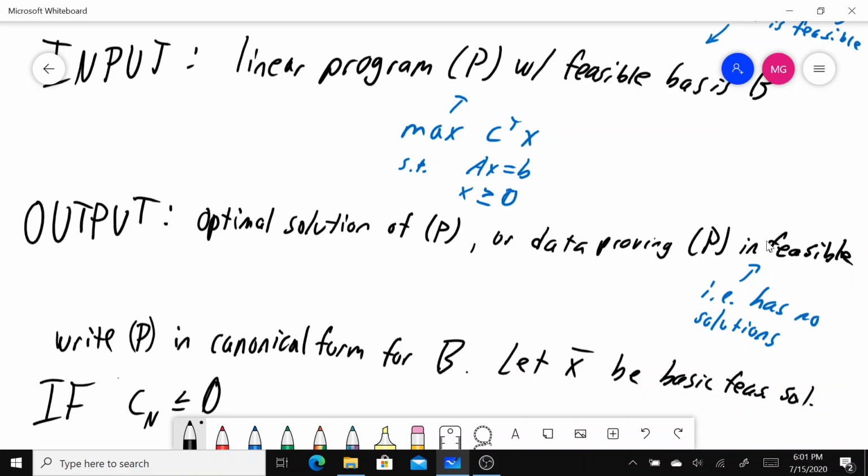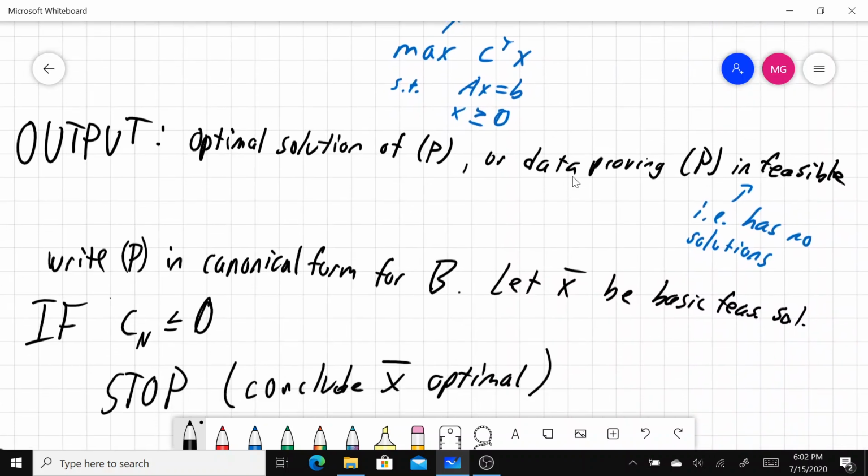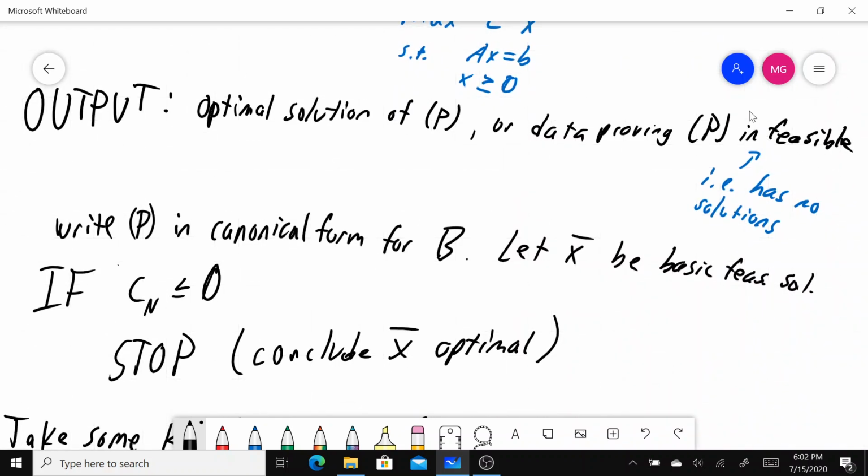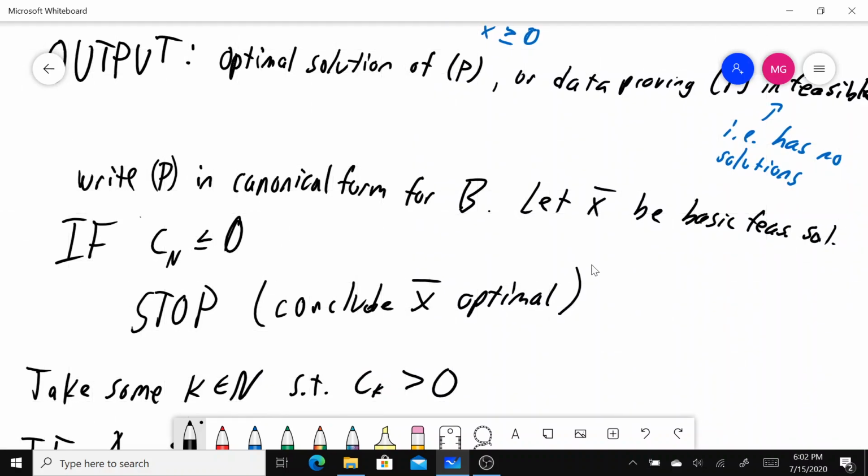But you should recognize why that's the wrong word here, because we do know that there's a solution to our linear program, because we started by assumption with a solution. In fact, it was a basic feasible solution. So there's no way that there are no solutions. There's at least one. We started with one. So I don't mean infeasible here. That was a mistake. I mean unbounded. So either the output is an optimal solution to P, or data proving that it's unbounded. So just cross that part out there.